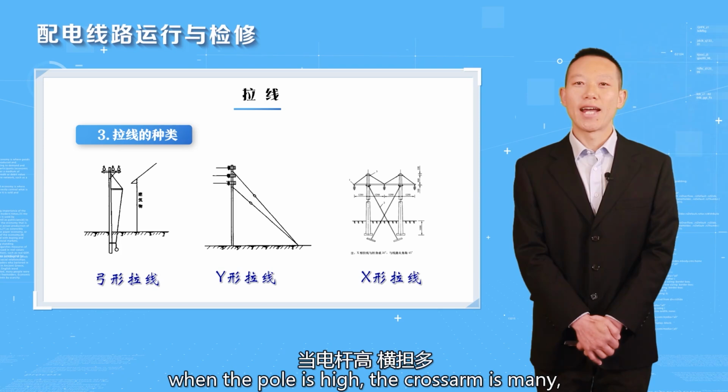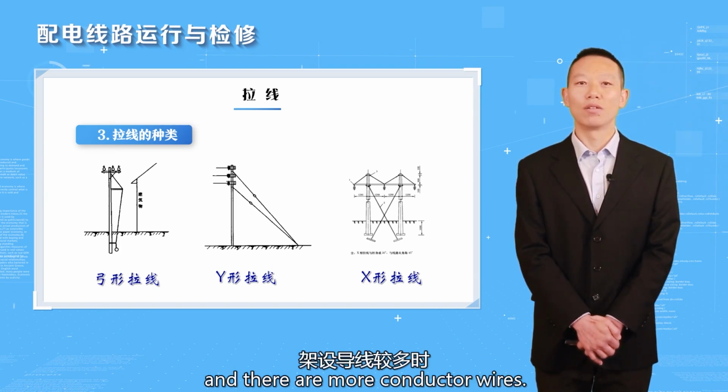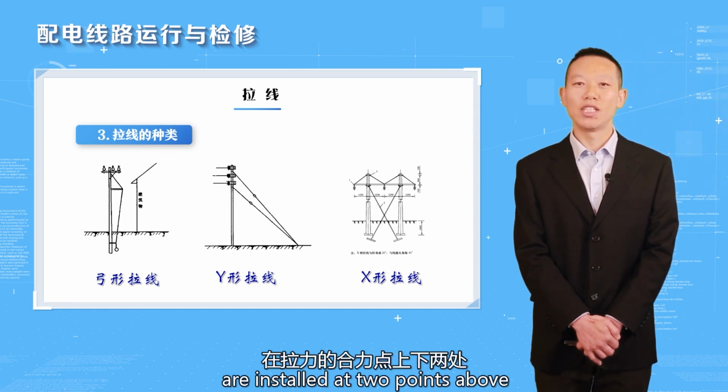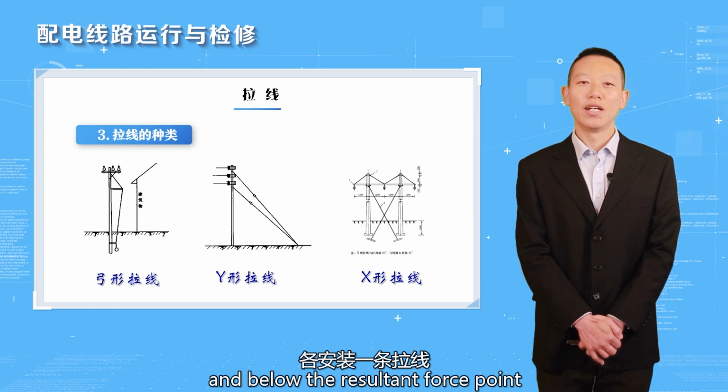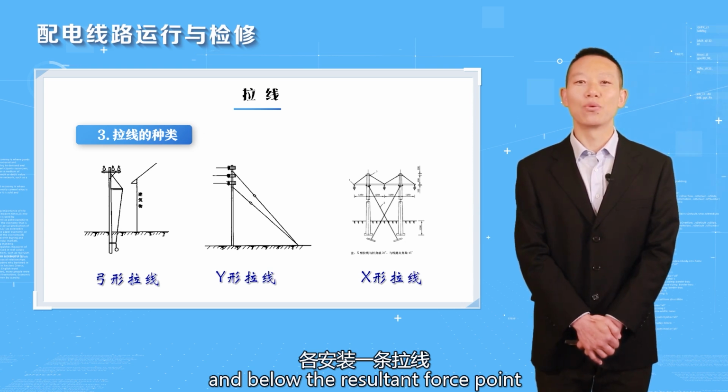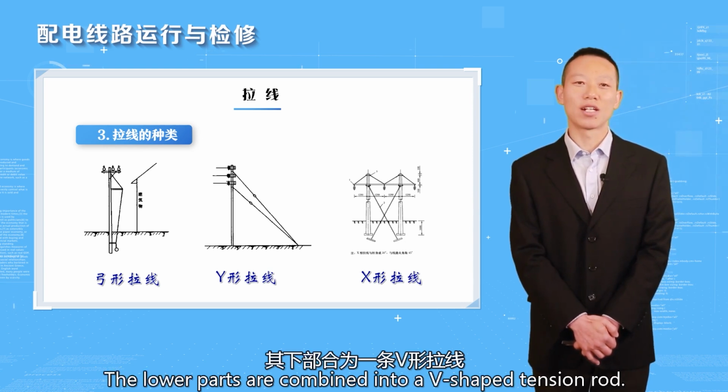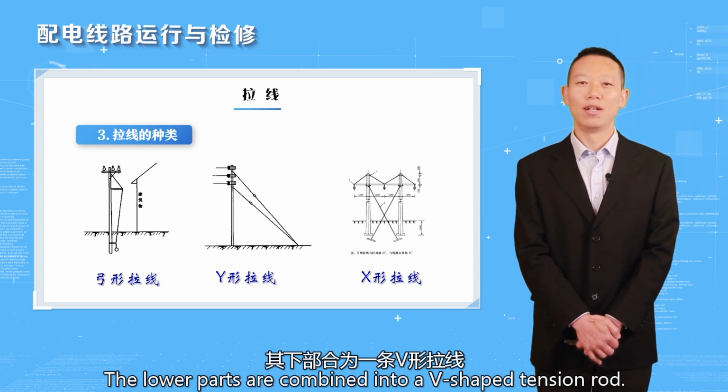When the pull is high, the cross arm is many, and there are more conductor wires, they are installed at 2 points above and below the resultant force point. The lower parts are combined into a V-shaped tension rod.